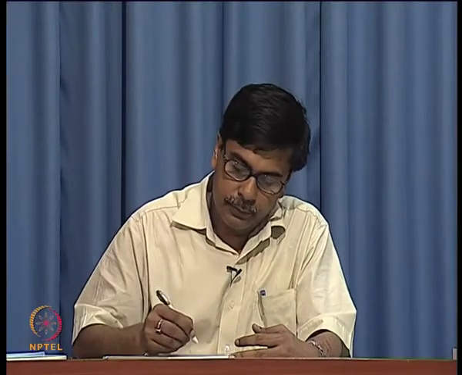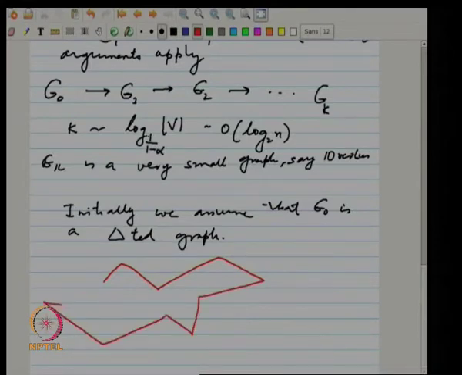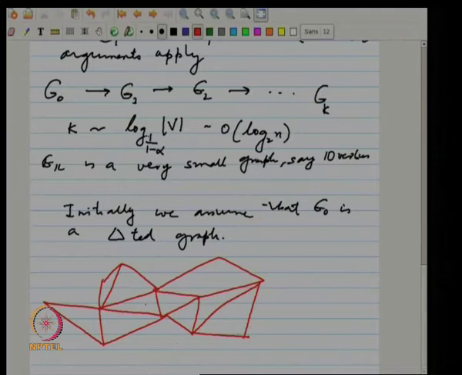When we throw away some vertices, suppose there was this triangulated graph, and we eliminated, let us say, this vertex.